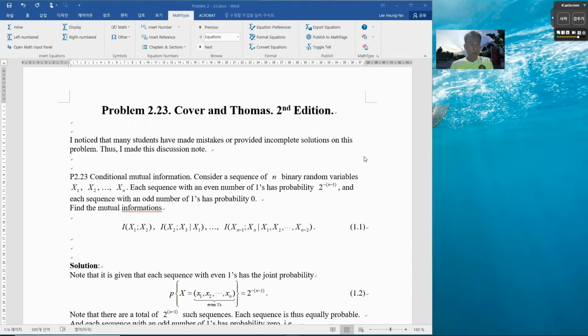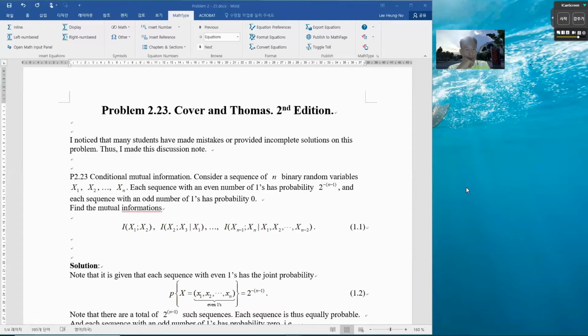I want to talk about problem 2.23 of Cover and Thomas, second edition. The reason that I prepared this note is that I noticed that many students who have turned in homework number 2 have made mistakes or provided incomplete solutions on this problem.